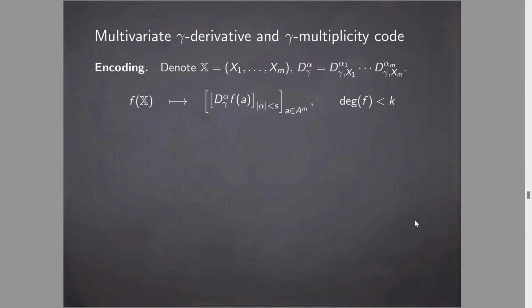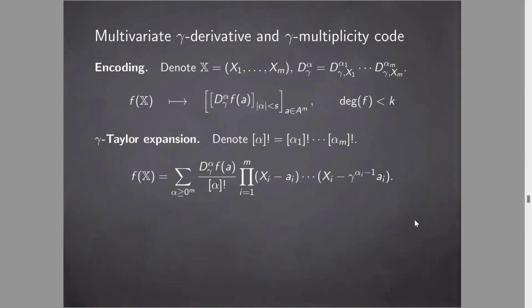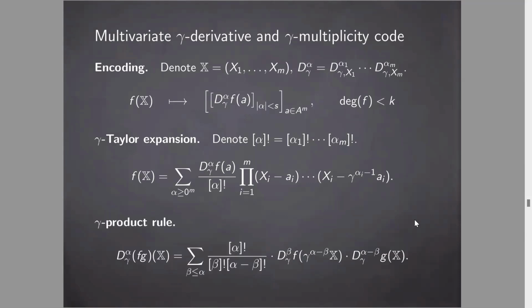And here we are looking at partial derivatives with respect to the gamma multiplicity operator, which is defined analogously. So simply apply the individual gamma derivatives iteratively. And now the analogous properties extend even to the multivariate setting. We have a gamma Taylor expansion as well as a gamma product rule for multivariate polynomials.